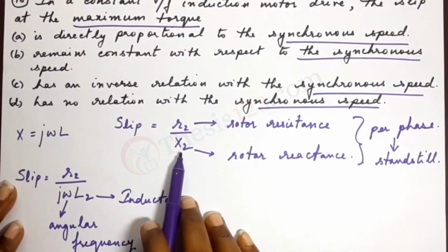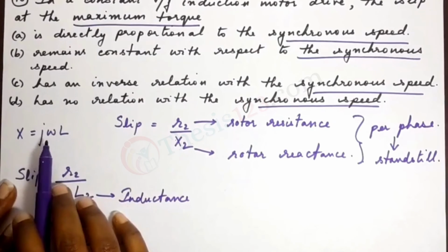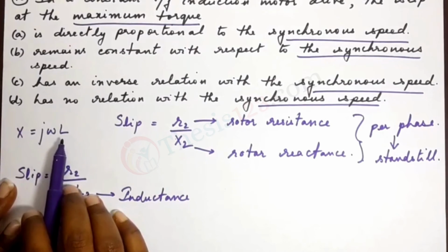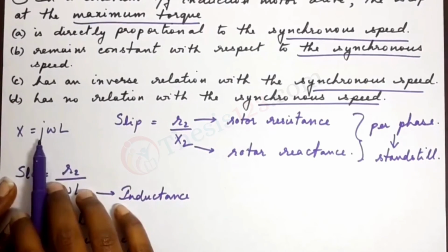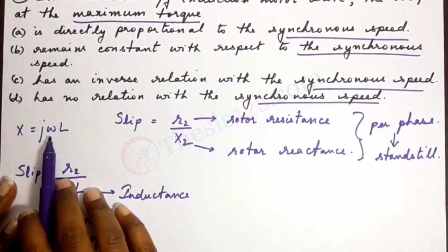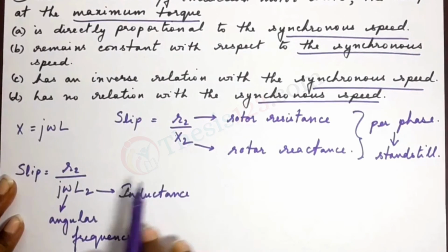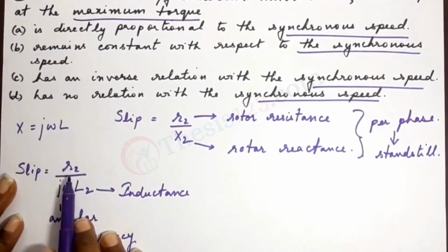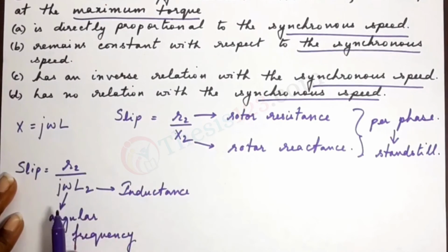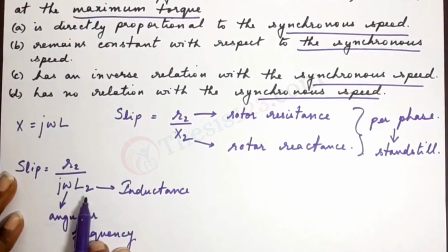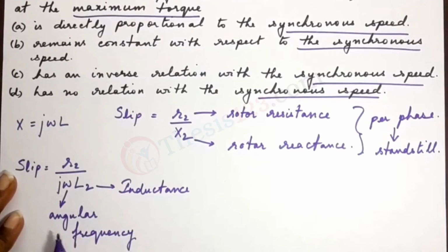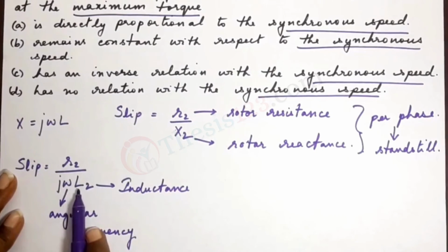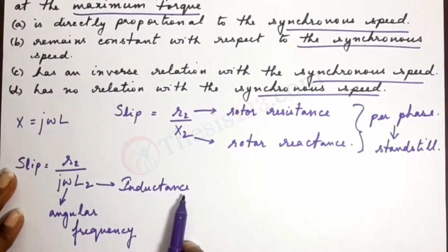Now the rotor reactance can be expanded in terms of angular frequency and inductance. So X is equal to j omega L. If we place this in the ratio here, we obtain slip equals R2 divided by j omega L2, where omega is the angular frequency and L is the inductance.